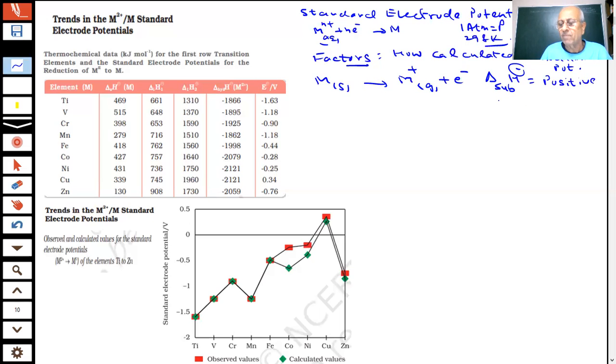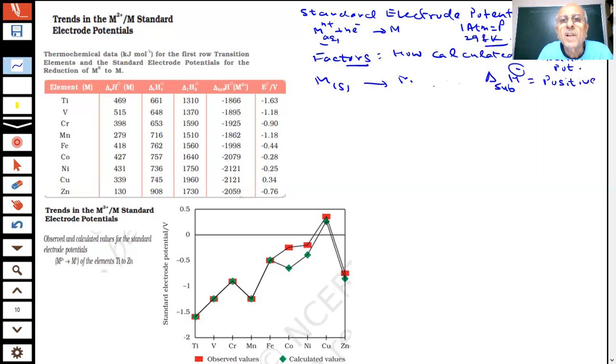Energy will be required to remove an electron, or no, I should not say like this. Wait, let me. We are just revising. First thing will be sublimation.